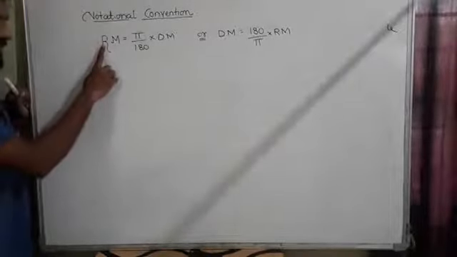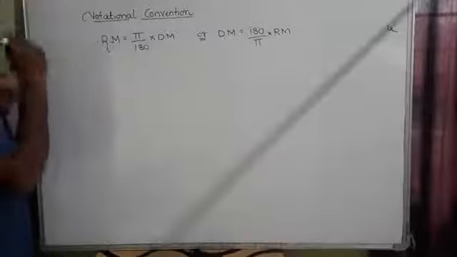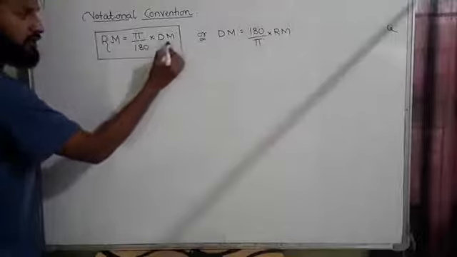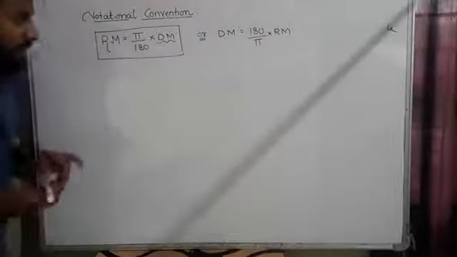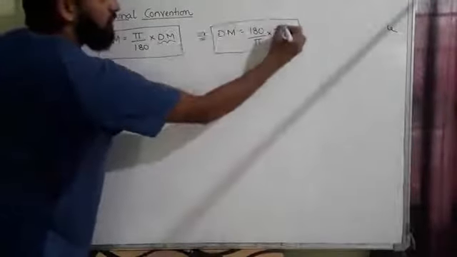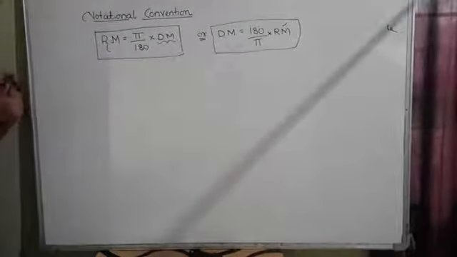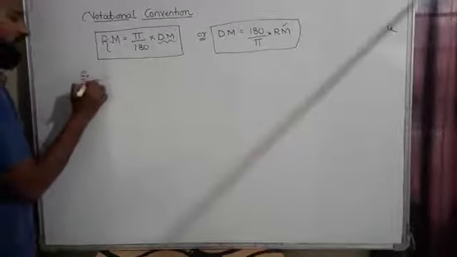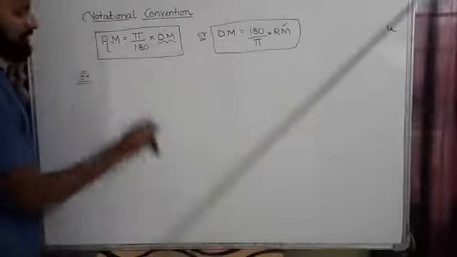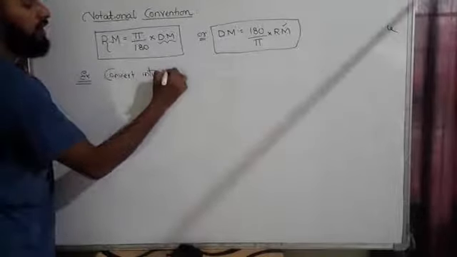If you want the angle in radian measure and you know the degree measure, then you use this formula to find the angle in radian measure. And if you have the radian measure and you want to convert into degree, then you have to use this formula. So let's understand with simple examples, it will be easy to understand. Suppose I want to convert 30 degrees. I will write like this: convert into radian measure.